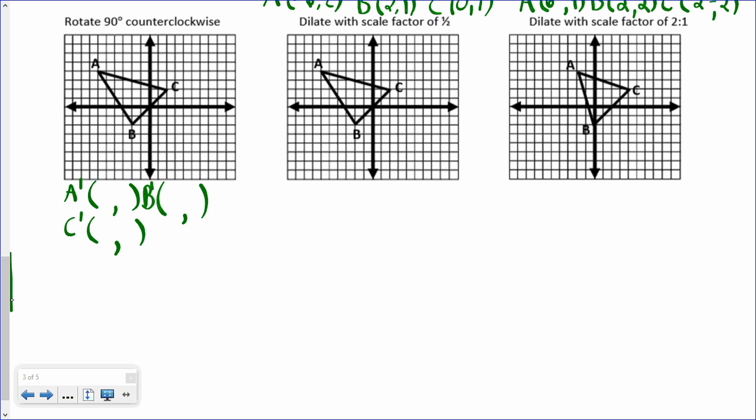How many times do you turn it so it's done? Just one turn is 90.